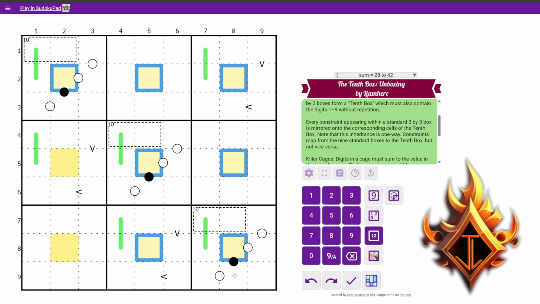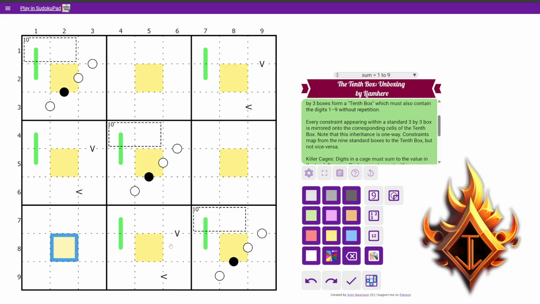So it would have to be 9, 8, 4, 5, 6. No, no, what am I doing? It only copies. I'm confusing myself here. It would not copy down to that. It would copy in here.